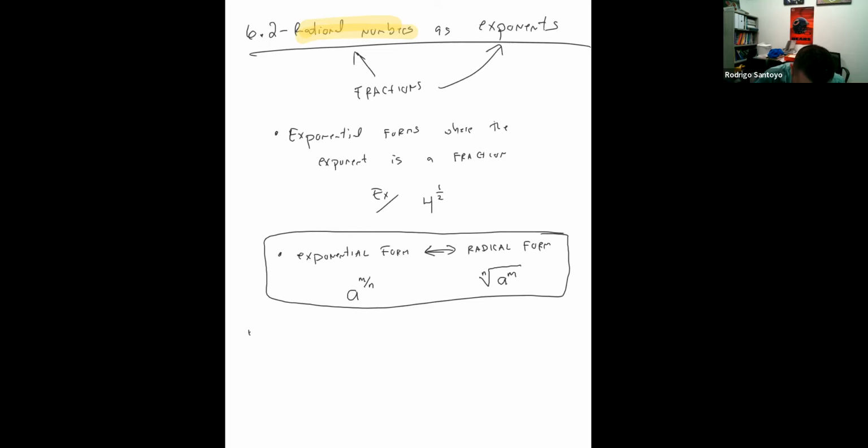Example. Write as a radical: x to the power of 1 over 5.